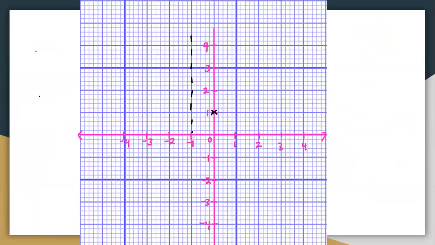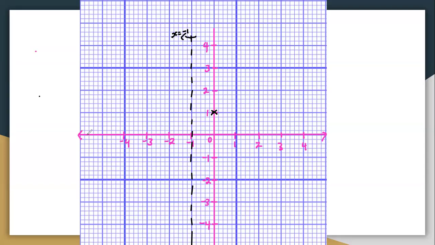That is our x is equal to -1. Why is it dotted? Because our curve doesn't touch the asymptote. I've said it does not touch the vertical asymptote, though it can cross the horizontal asymptote.